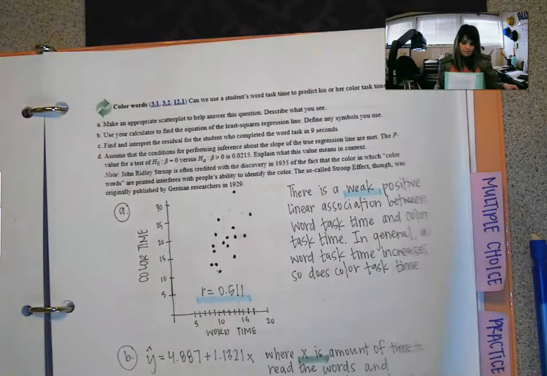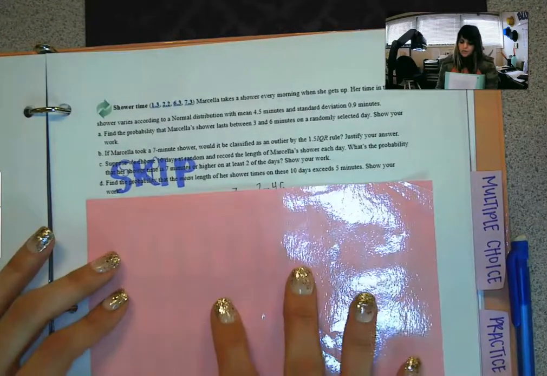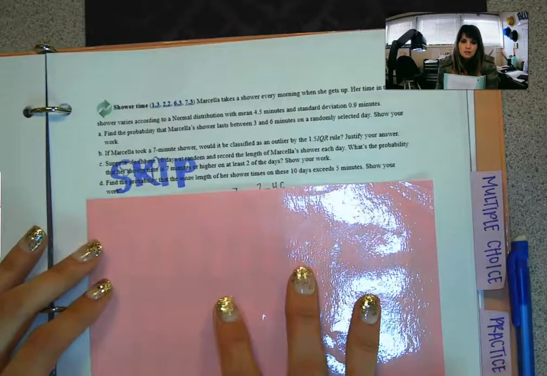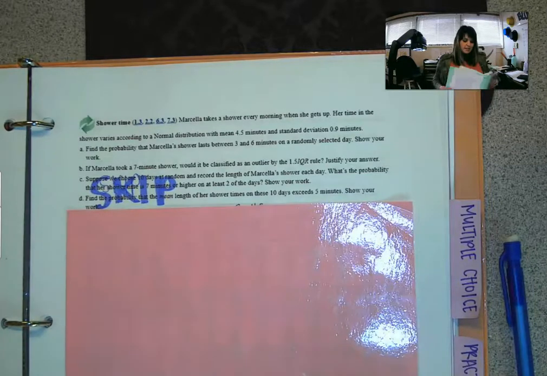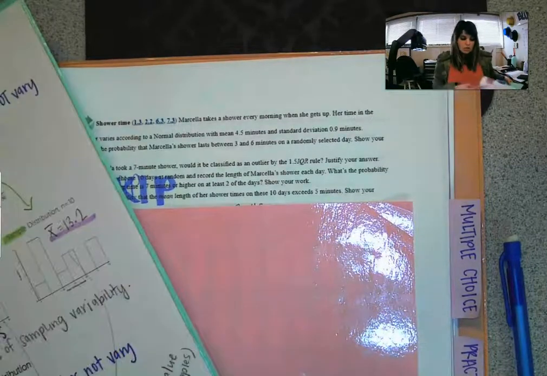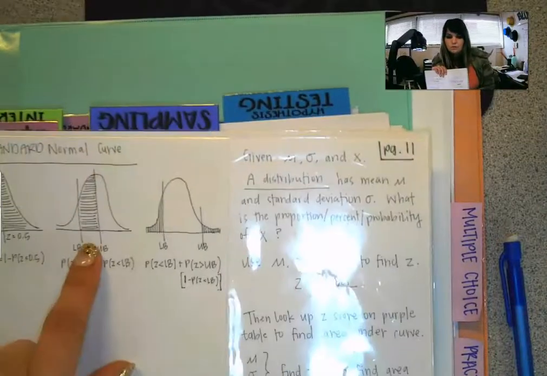Okay, we're getting there, fam. Page 29. You can skip C and D. So first, Marcella, it has a normal distribution. Find the probability that the shower lasts between 3 and 6 minutes. So that is this situation on your standard normal.